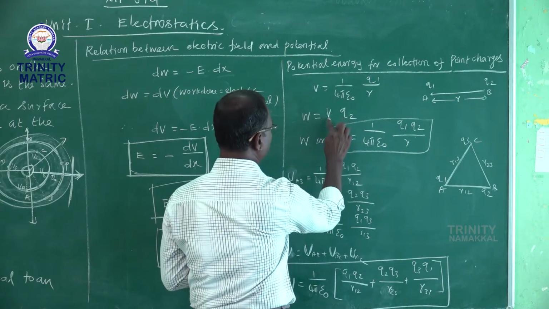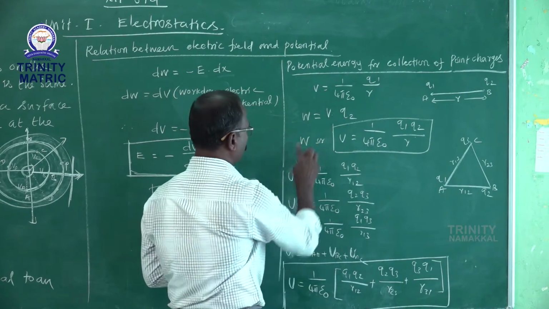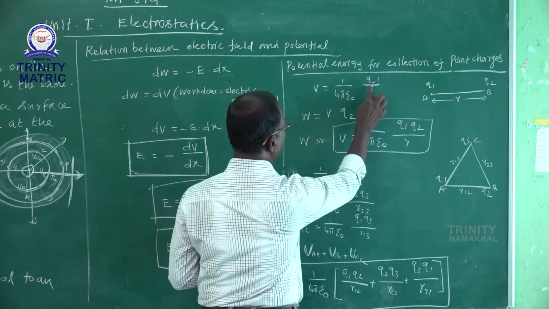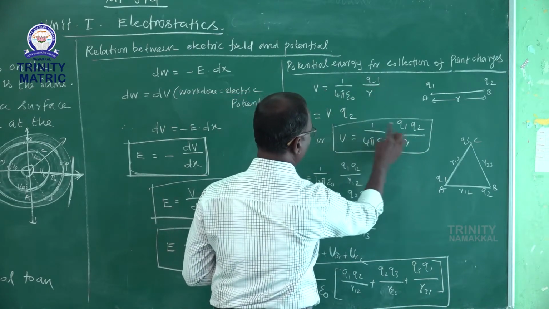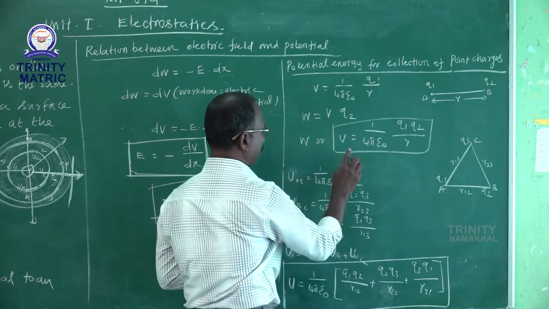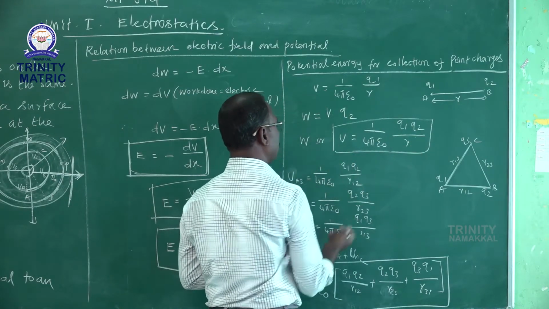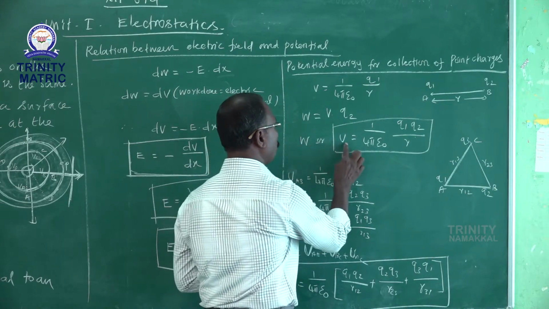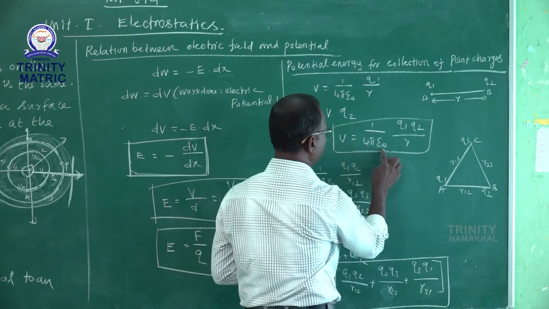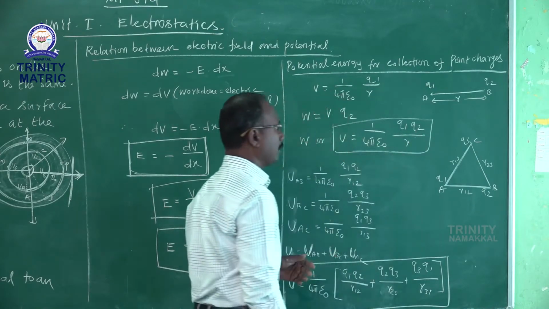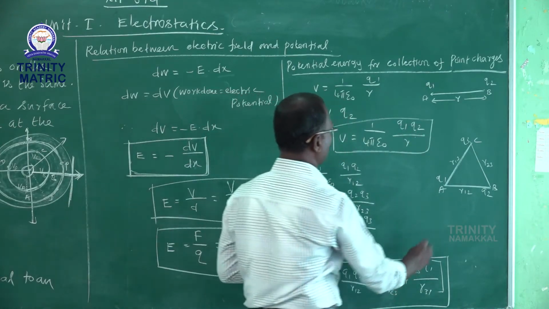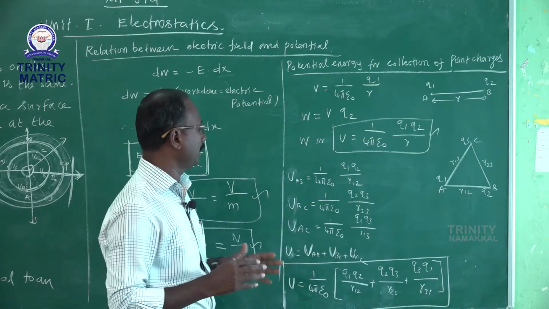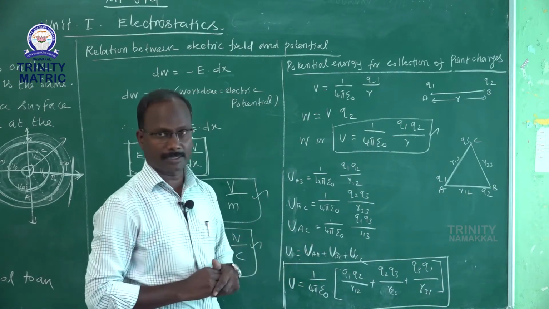Applying the V value, W is equal to 1 by 4 pi epsilon naught Q1 by R into Q2. So finally the electric potential energy, expressed as W or U, is equal to 1 by 4 pi epsilon naught Q1 Q2 by R. That is the electric potential energy of 2 point charges.